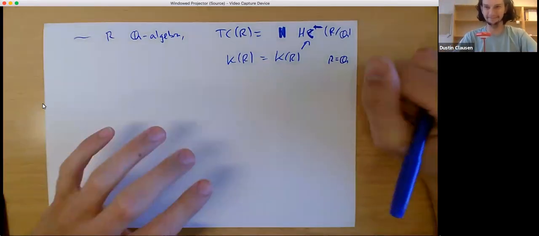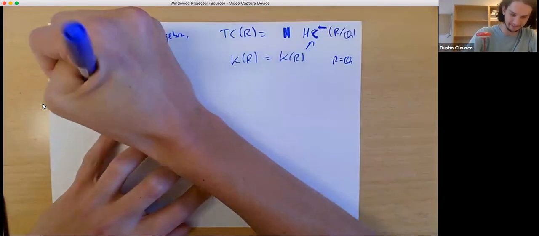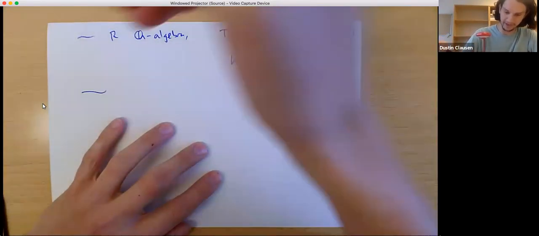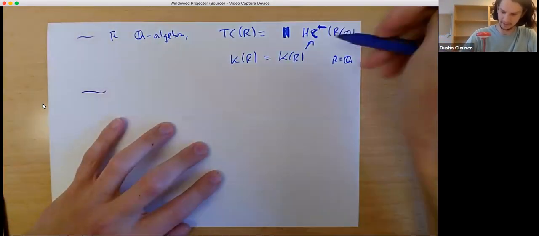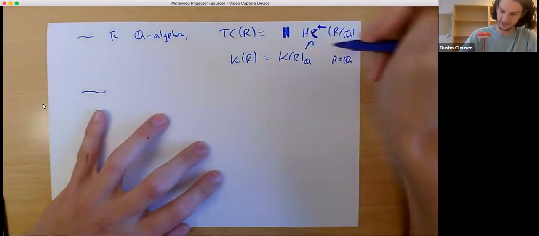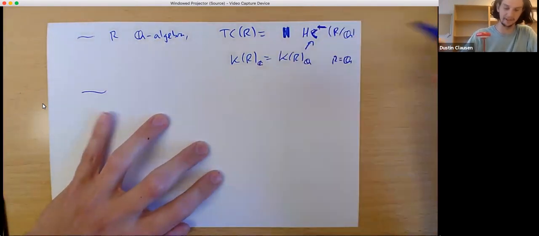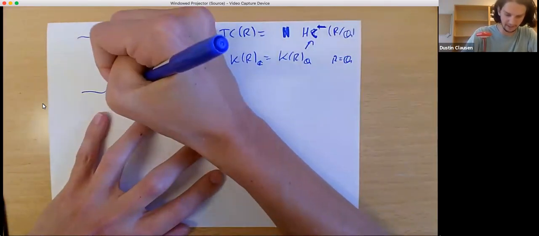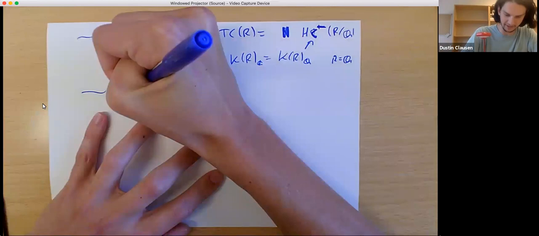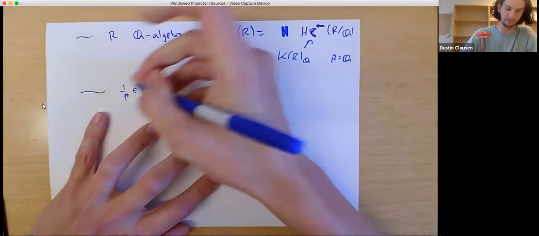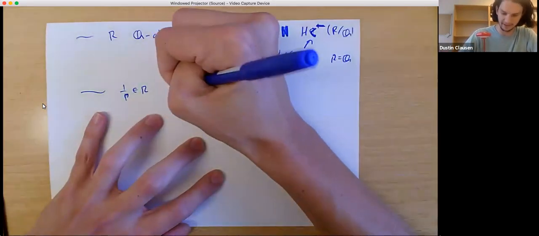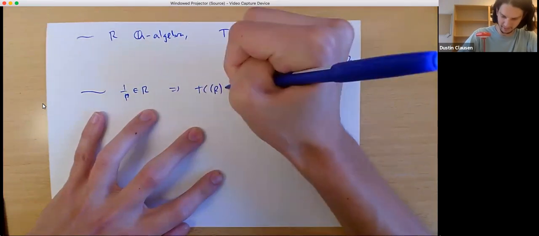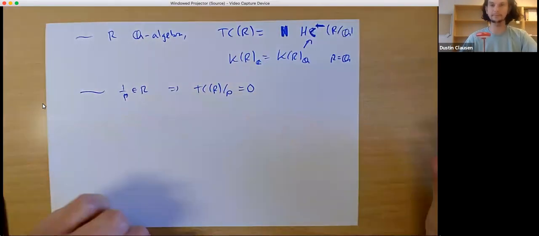But another related remark is about finite coefficients. I could also rationalize, and it doesn't change the fact that they're very far apart. But with finite coefficients, you have to be aware of something: if 1 over p lies in R, so if R is a Z[1/p]-algebra, then TC of R mod p is equal to 0.